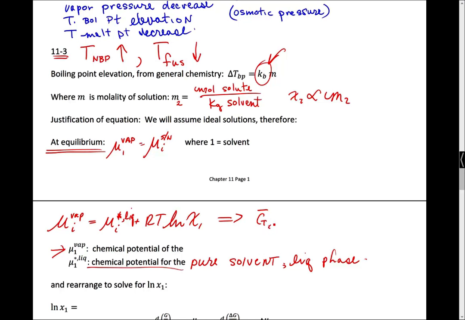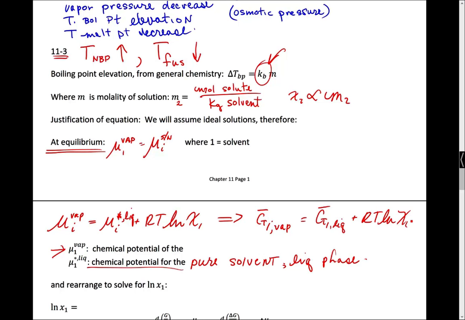And what we can do is say that chemical potential is the same as the Gibbs energy for component 1 whenever we're in the vapor phase. And that's equal to the chemical potential for component 1 in the liquid phase plus RT ln mole fraction of component 1.